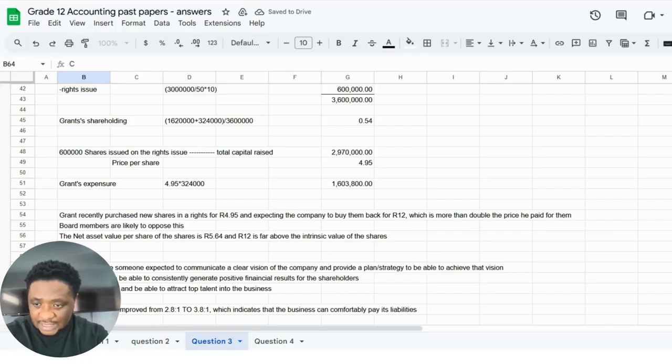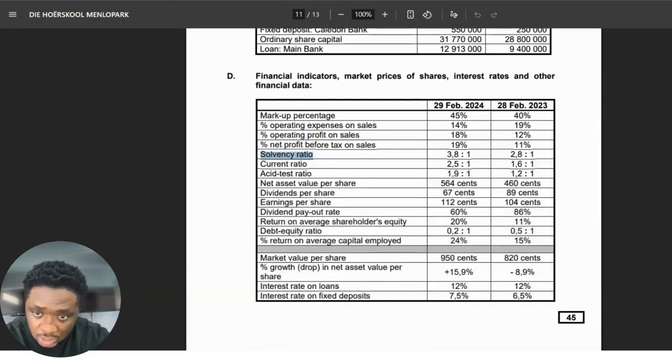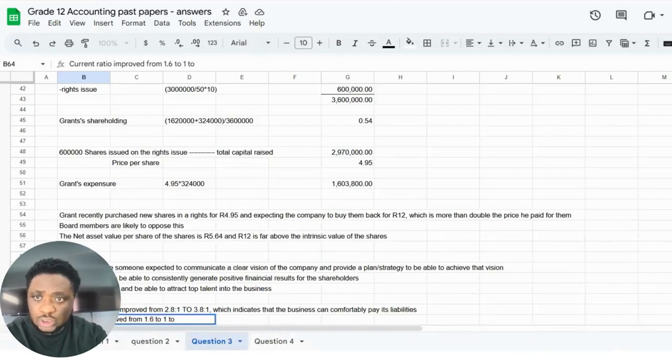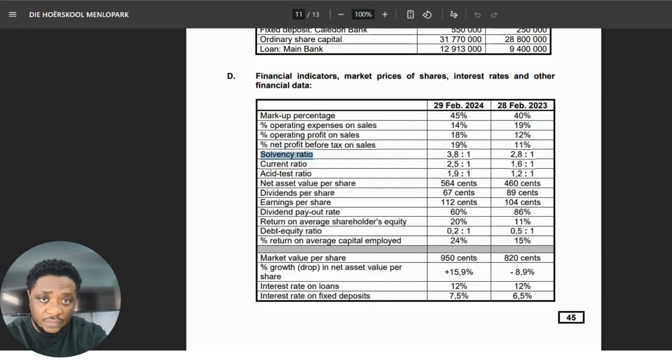Then the other thing is the current ratio. The current ratio improved from, let's get the actual amount, 1.6 to 1 to, is it 2.3 or 2.5? 2.5, sorry.